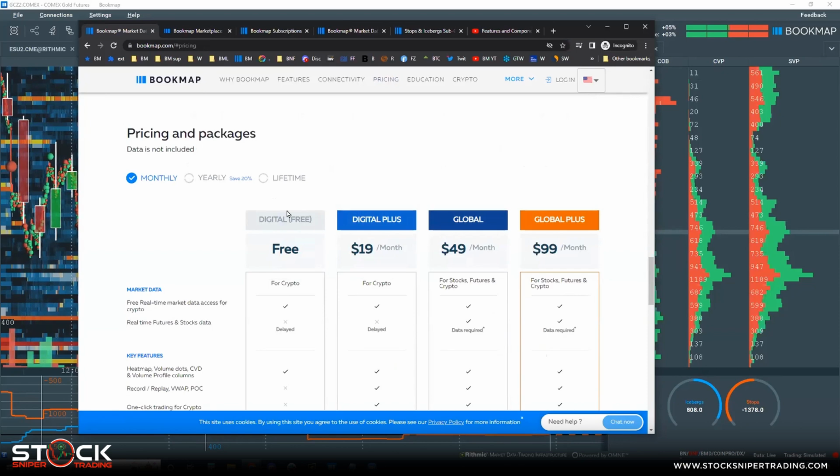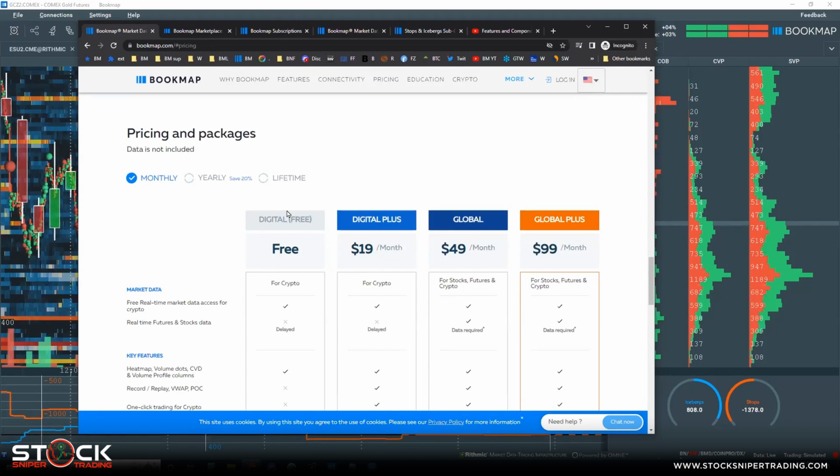You always have access to it. It is always free. It will connect to one cryptocurrency for real-time data, and that data is free from the cryptocurrency exchanges, but only one at a time. And then you also get a delayed feed for stocks and futures.